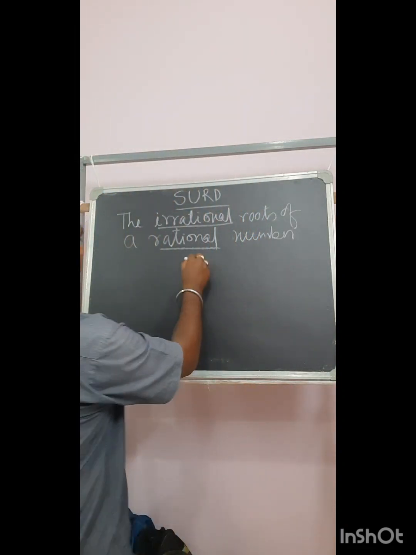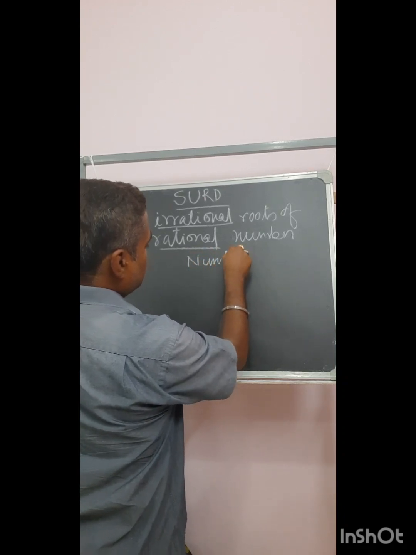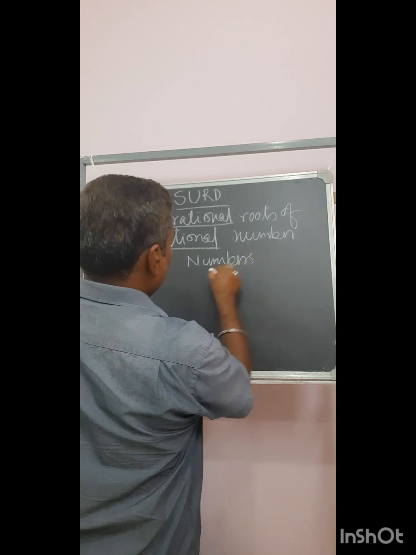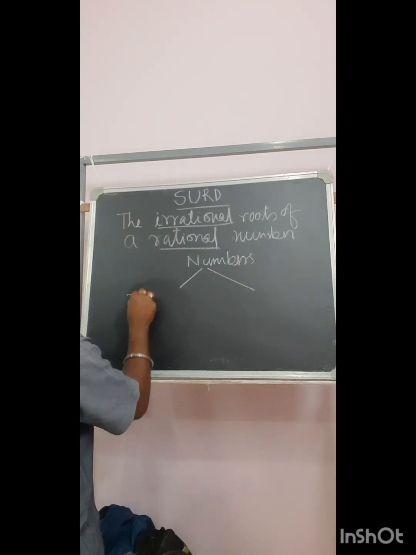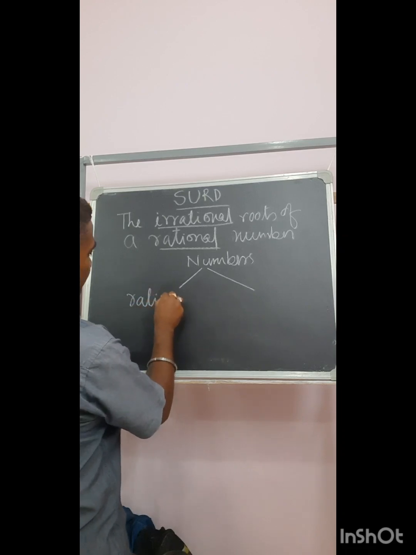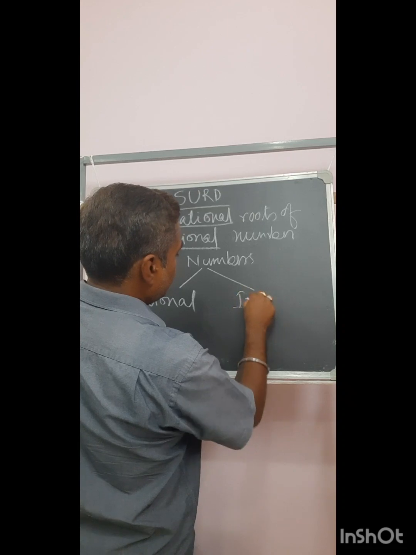Numbers may be divided in many ways, but this is one kind of division where numbers are divided into two kinds, which are called rational and irrational.